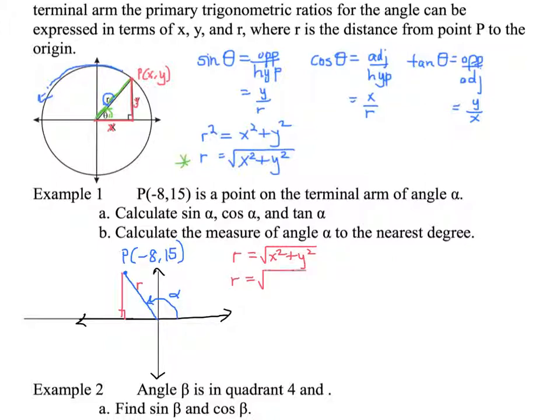Let's substitute the known values. So -8 squared plus 15 squared. So r is the square root of 289, which is 17. Now once I have the value of r, I can use that to find sine, cosine, and tangent.